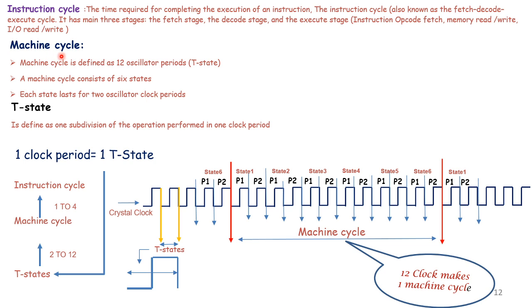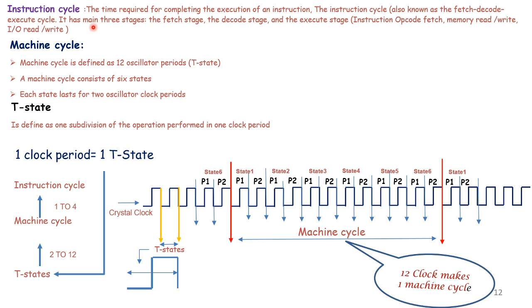So how do we define the instruction cycle using machine cycle? It is the time required for completing the execution of an instruction. The instruction cycle is known as fetch, decode, and execute.